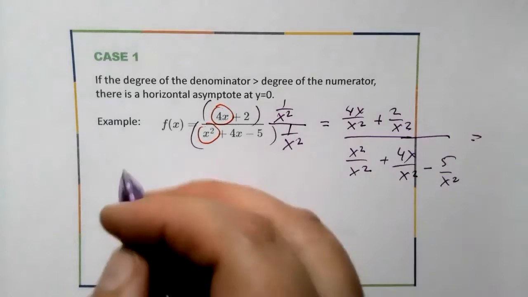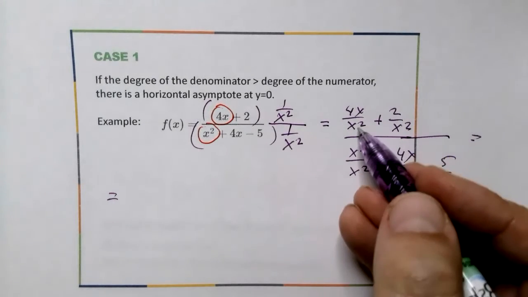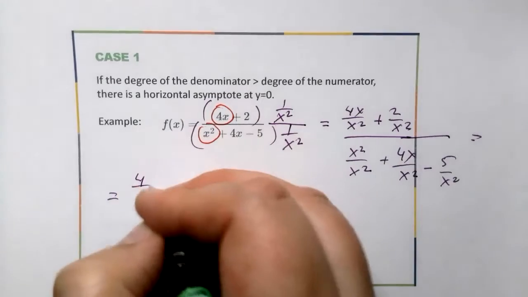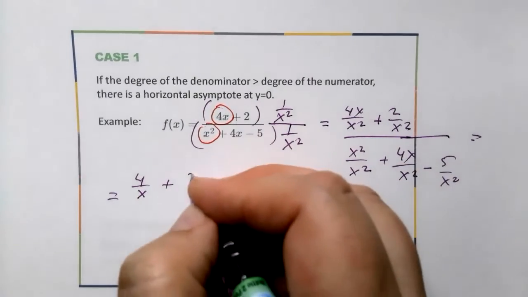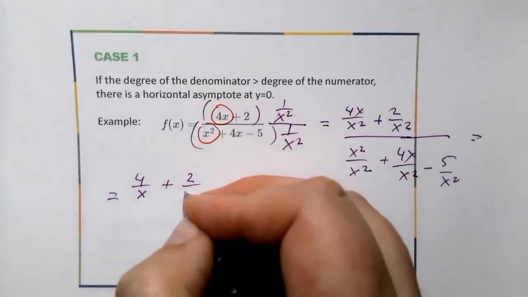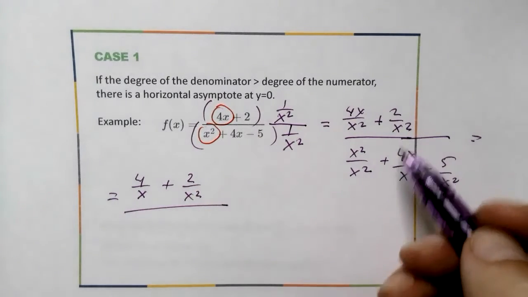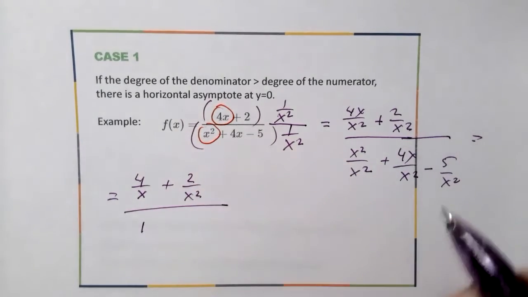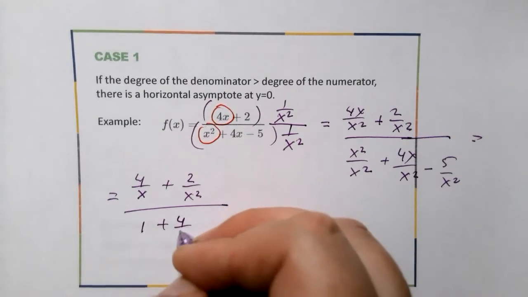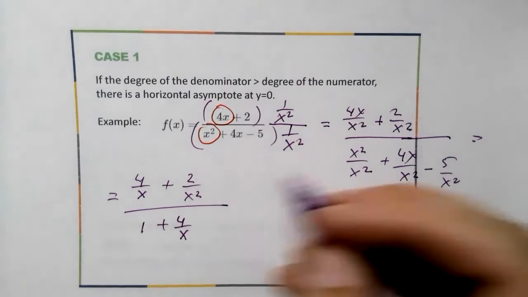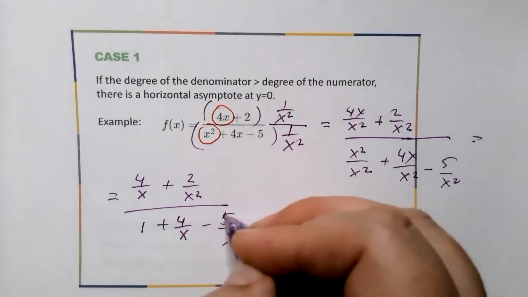So when we simplify each of these little fractions, we're going to get 4 divided by x and 2 divided by x squared in the numerator. In the denominator, we're going to have 1 plus 4 divided by x minus 5 divided by x squared.